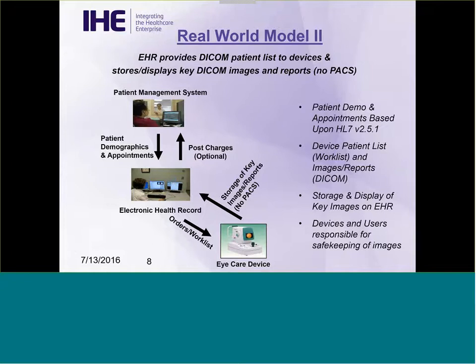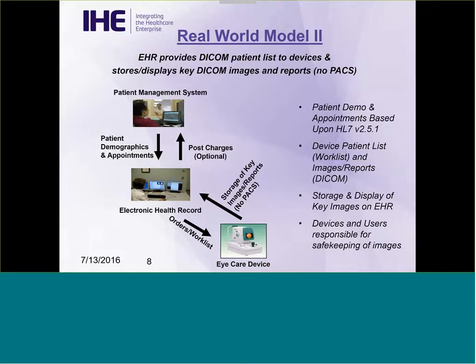Now, when you have this model, there's another thing that is very important, because one of the questions you have to ask is, well, how do I store the rest of my data? If the EHR is not an archive, how do I deal with the rest of the data? And that's now the responsibility of the eye care device. And so, if you look at it, that's kind of been the model for many years before DICOM, right? Before there was the ability to even have an image manager PACS type solution, the eye care devices had strategies to keep data.